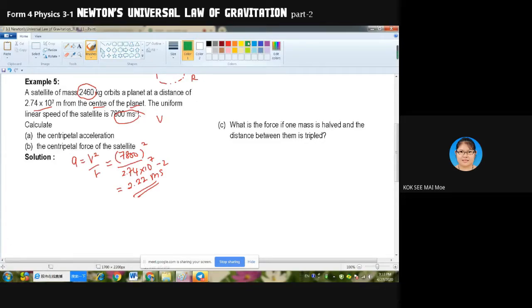Then we apply the following, part b. It is the force, Fc. Fc equals m v squared over r. We just take the mass, 2460, and multiply by what we found just now, 2.22.